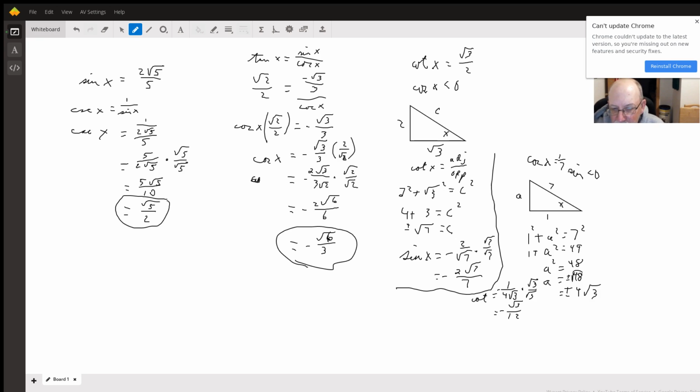So we get negative 1 over 4 square root of 3. Rationalize that denominator by multiplying by the square root of 3 over the square root of 3, and we get negative square root of 3 over 12.